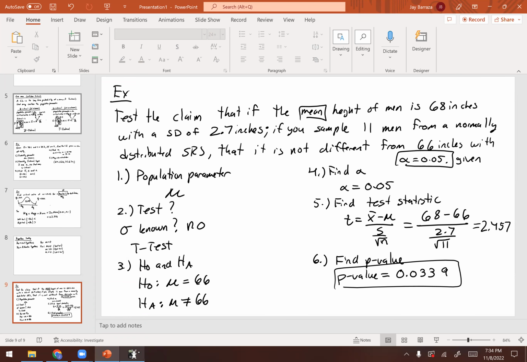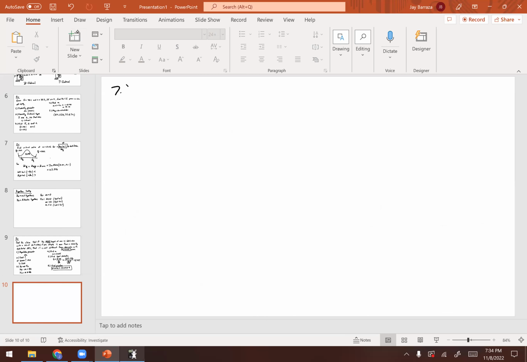And so from that, I can make my determination or my decision. Do I reject or fail to reject? So let's go to the next slide. Number 7, reject H naught or fail to reject H naught. So you need to make sure you have this in your cheat sheet because this is going to be important. The p-value less than alpha, you reject.